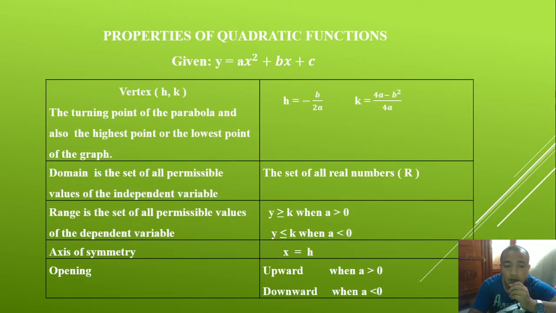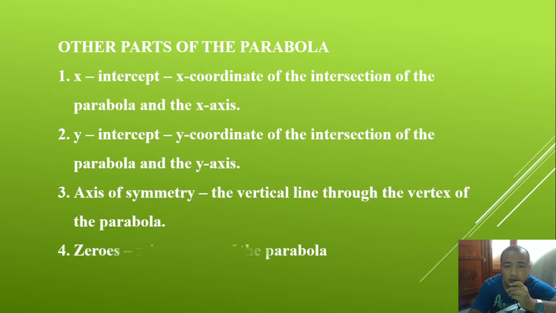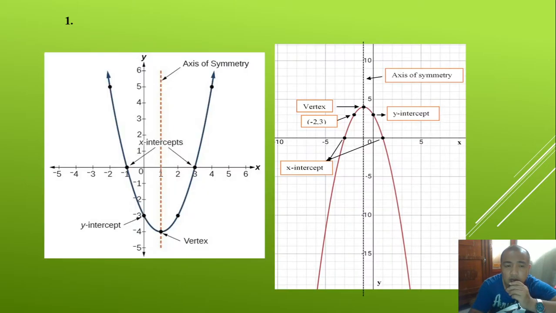So I repeat, axis of symmetry, x equal to h, not x equal to k. So here, the axis of symmetry is x equal to 1. That is the line which is called the axis of symmetry.